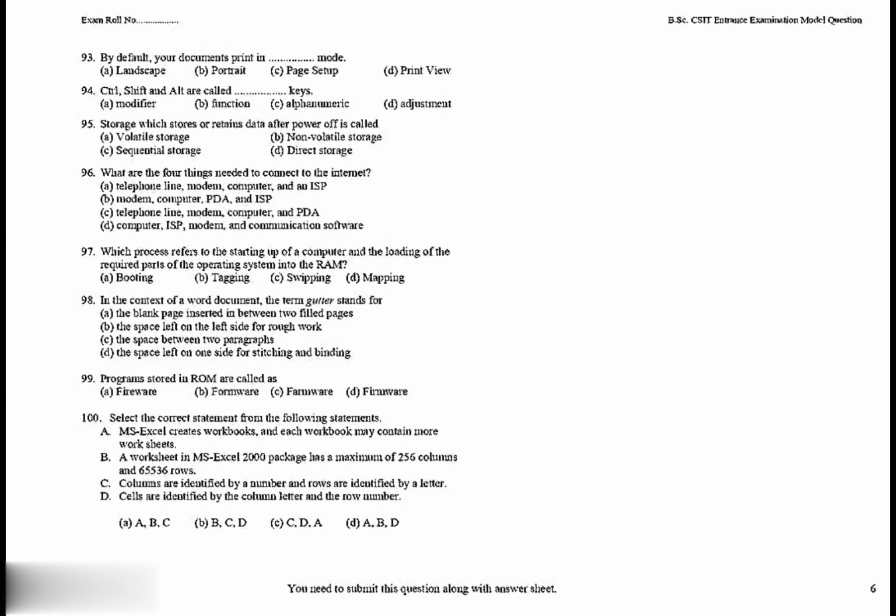C. Columns are identified by a number and rows are identified by a letter. D. Cells are identified by the column letter and the row number. Option A. ABC, B. BCD, C. CDA, D. ABD.